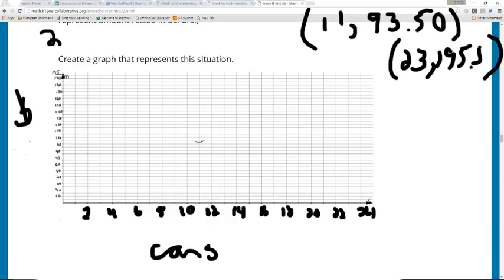And then 23, 195.50. 23, 195.50 is going to be just a little bit above the line. Now I'm going to use a straight edge. You should use a ruler to connect those points. Okay, next problem.